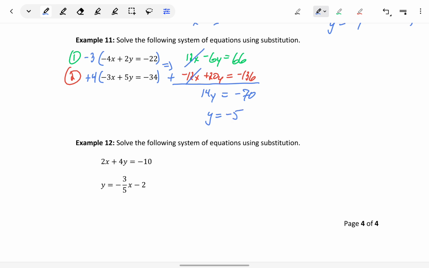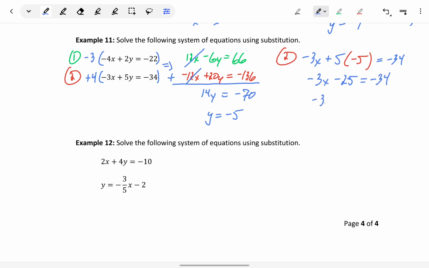And dividing both sides by 14 will give us y is equal to -5. If we take that result and plug it into equation 2, we'll have -3x plus 5 times -5 is equal to -34, which will be -3x minus 25 is equal to -34.